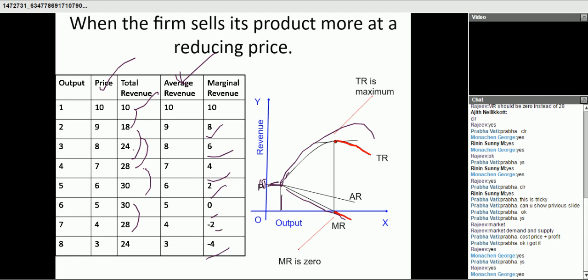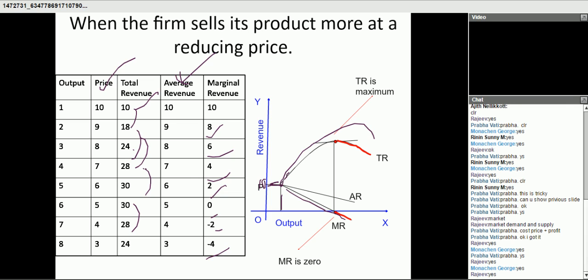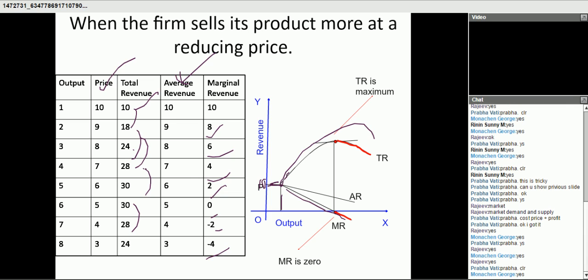Is this clear, everyone? So this is the reason why we have such a shaped curve. Because you can get such questions at times: why is the average revenue curve above the marginal revenue curve when the firm sells at a price lower than the industry price? Okay, one-liners, so you can answer it.